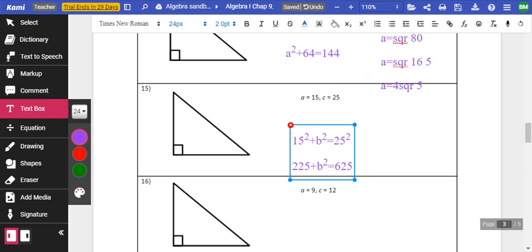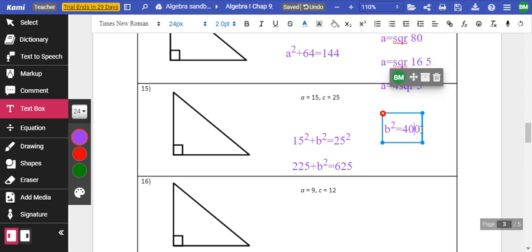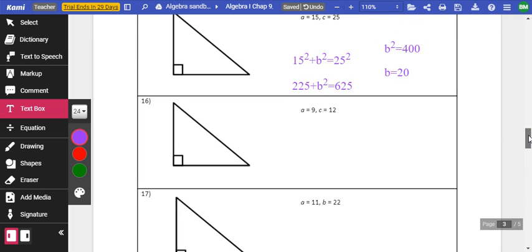Now we're going to take away 225 from both sides, because that's how you get b squared alone, and we get b squared equals 400. Luckily this is a perfect square, so we just simply square root both sides and we get b equals 20. And we're done. We don't have to simplify that one at all. So sometimes it does work out like that.